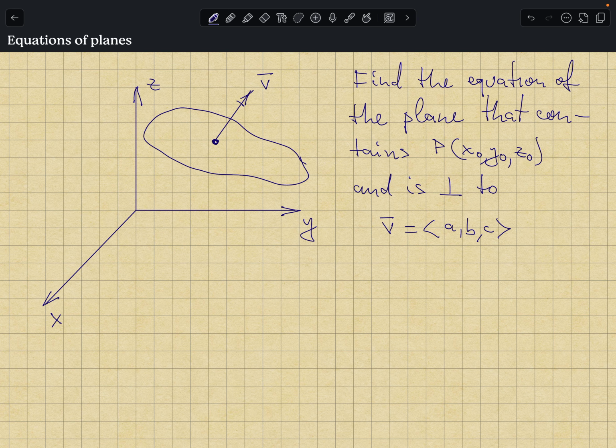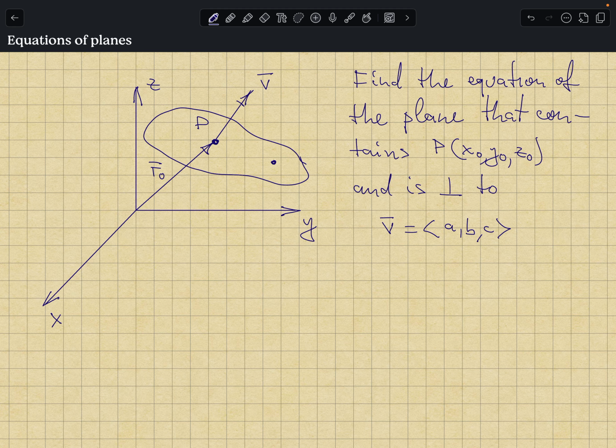Okay, so we're going to follow a similar strategy that we used to find the equation of a line. So if this is my point P, I can find a position vector for the point P, just like before. I am going to call it R0.